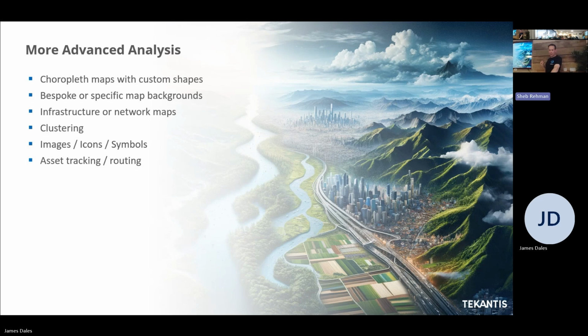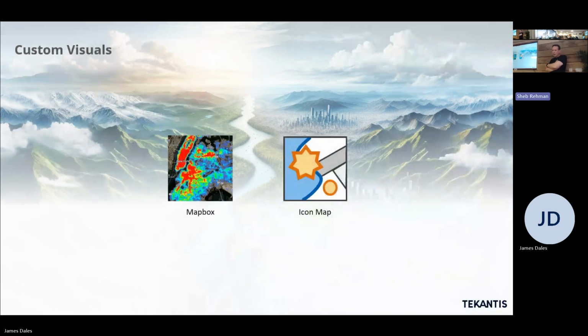So what do we do? Well, in Power BI, we're pretty lucky. As Simon showed with the 3D warehouse, we have the ability to add custom visuals. So where the out-of-the-box visuals have their limitations, we can then go to third parties to use more specific, more advanced, sometimes more niche capabilities.